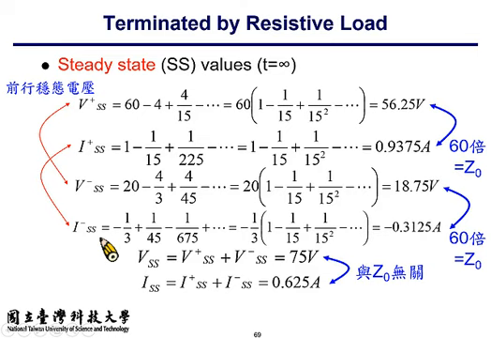So all the forward-going part and all the reverse-going part, the ratio of characteristic impedance shall be kept as 60. However, if you add up the forward-going and reverse-going parts together, the total voltage is 75, the total current is 0.625, which is not a ratio of 60.